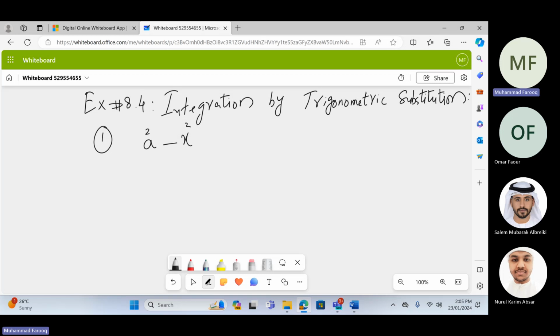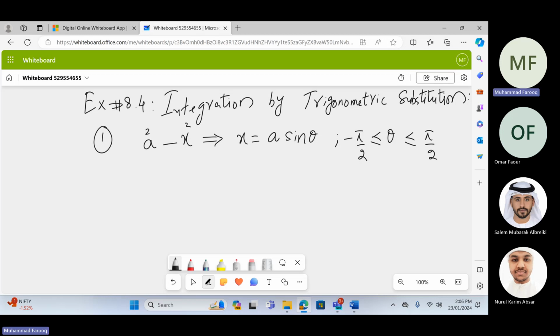So you have first constant square minus function square. In this type of question, a square minus x square, this implies that you can substitute x as a sine theta, where this theta is between minus pi by 2 and positive pi by 2.